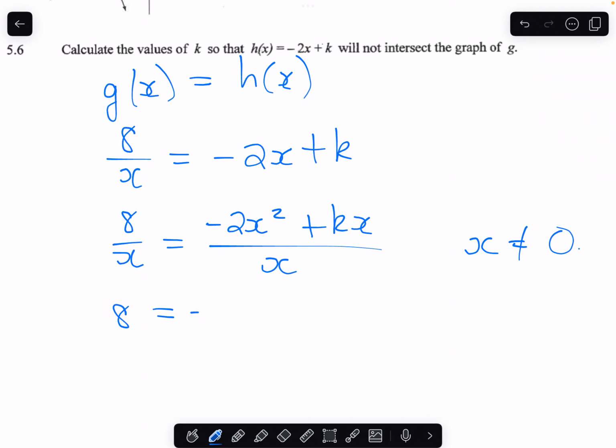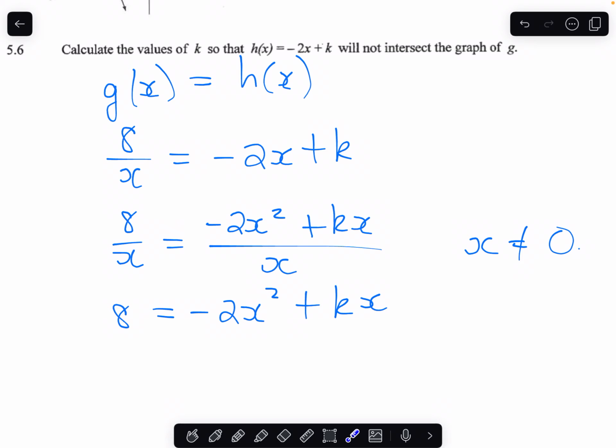So now we can just look at this. The solution to this equation will tell us the x values where these two graphs intersect. Now, we are looking for the values of k such that this equation has no real solutions, so there are no intersections between the two graphs.